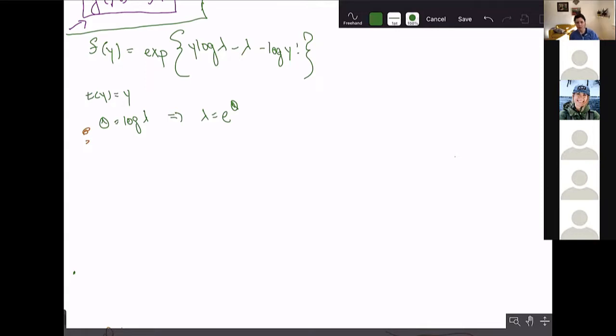Oh, okay, great. The first homework problem, actually the entire homework 2, does a lot with the Poisson distribution. Okay. And so this is another one of those distributions where it's in the natural exponential family, and the canonical link, which is here, is the link that's used in Poisson regression. Okay. That makes sense.